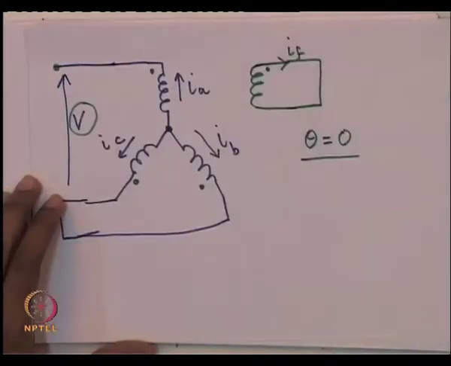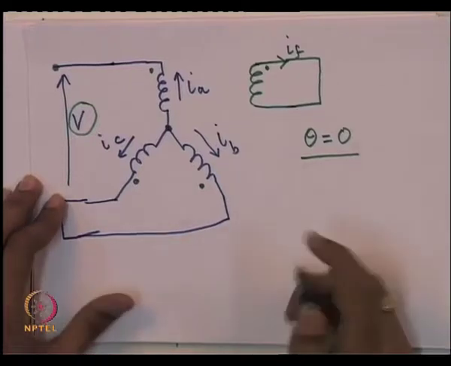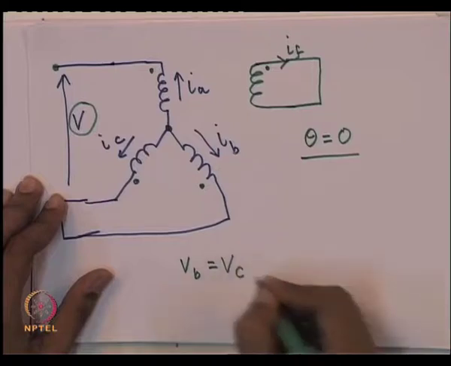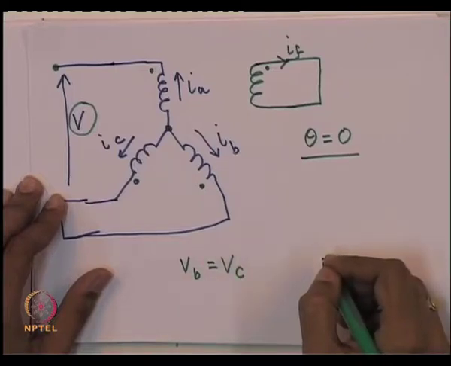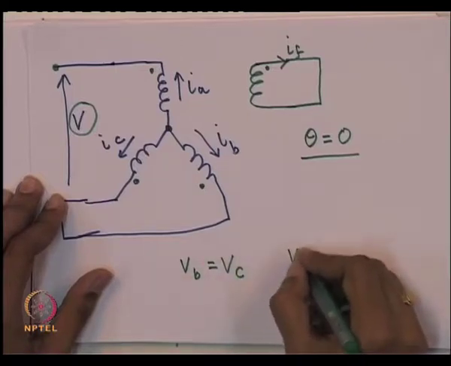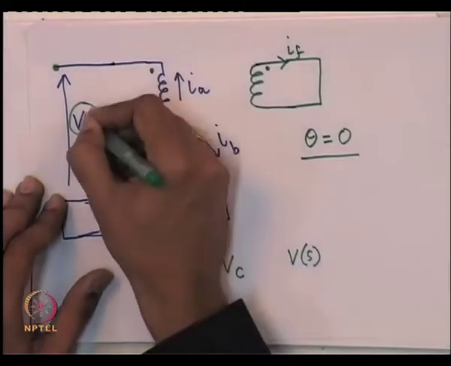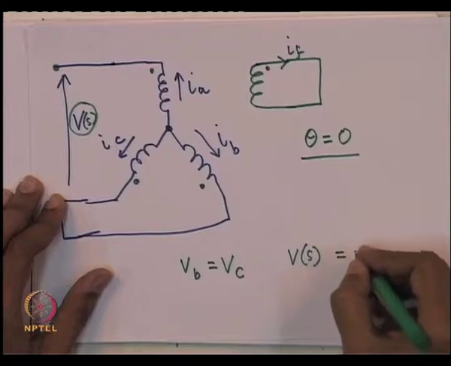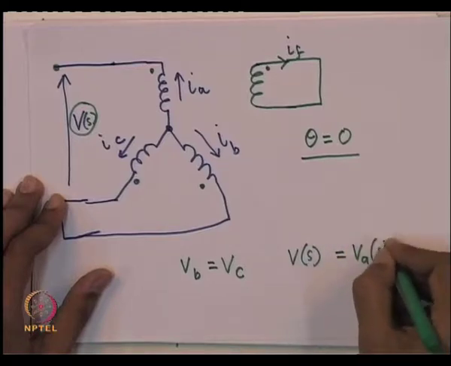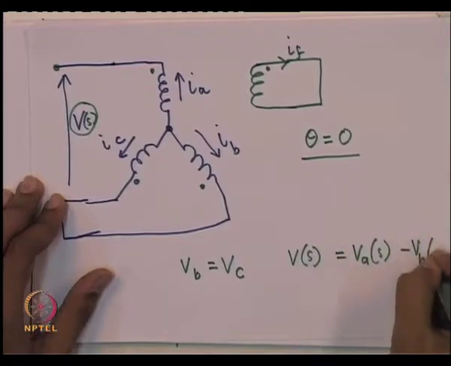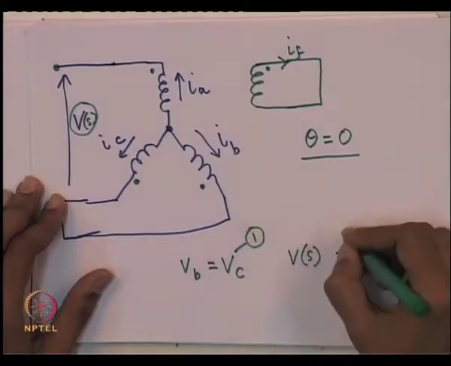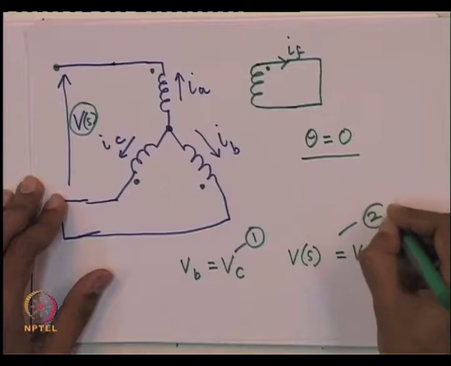In this case, since V B is equal to V C, and V of S, S being the Laplace variable, is equal to V A of S minus V B of S, this is condition number 1, this is condition number 2.